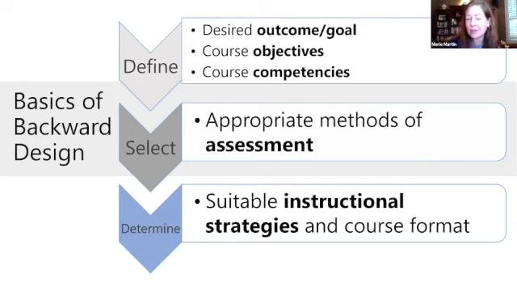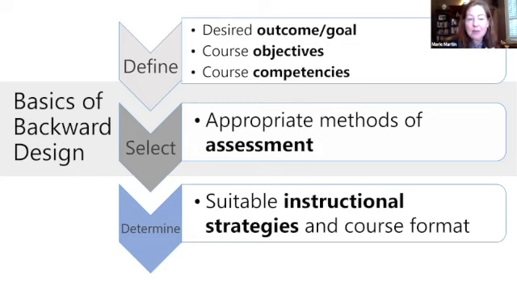Additionally, it's a learner-centered model, right? So whereas traditional curricular approaches really are instructor-centered, when you adopt a learner-centered model, and one that the backward design approach really helps to flesh out, then the active participation and engagement of students in their own education is required.